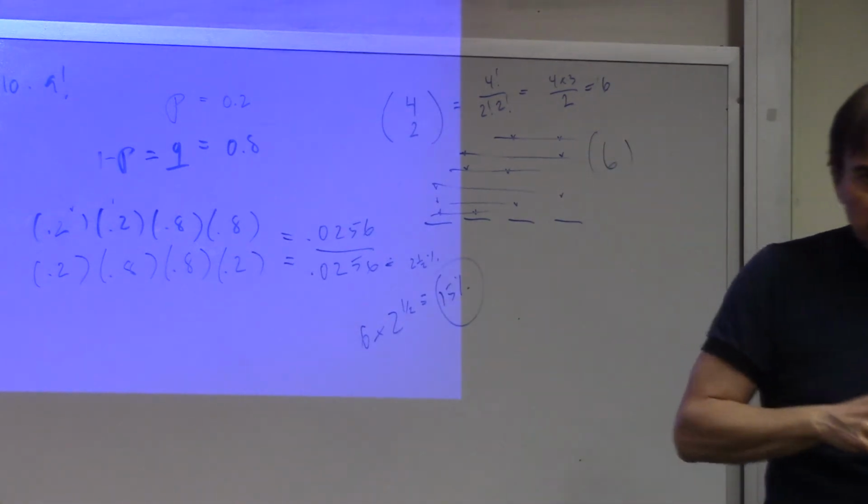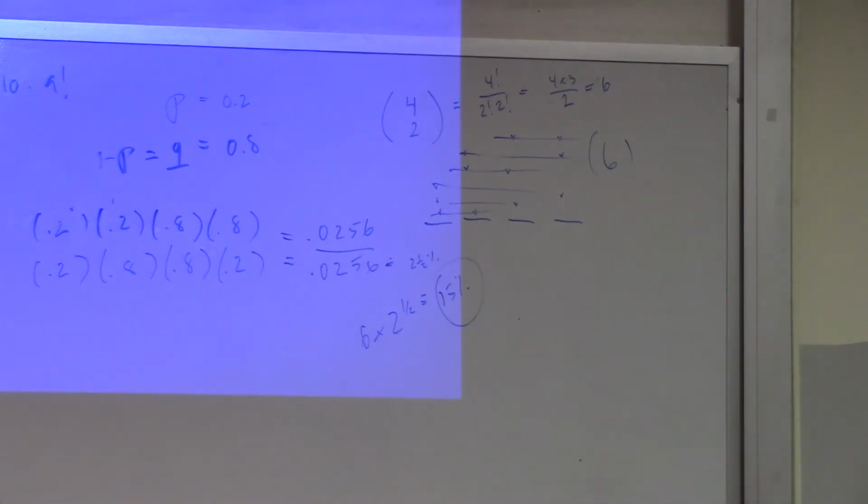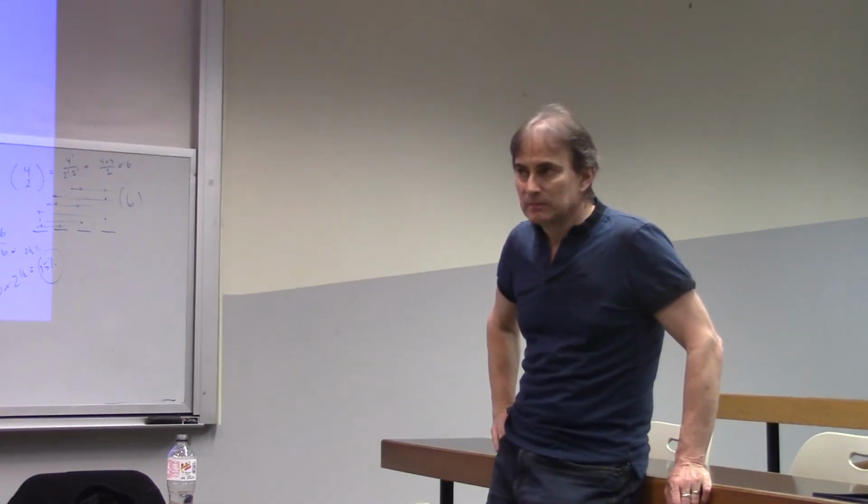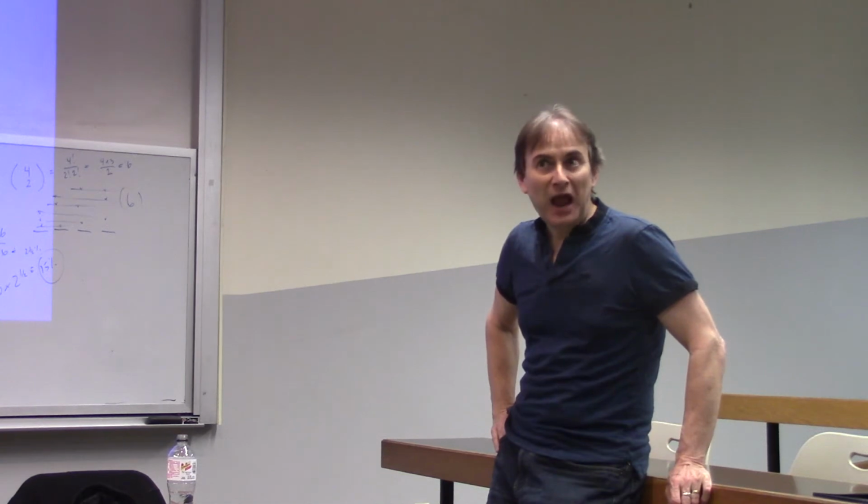Correct? So that means that 15% of the time, what? You're going to get 2 strikes. From 4 tries, I will get 2 strikes 15% of the time. What will happen 85% of the time? Something else. Can you tell me what could happen? 3 strikes, 4 strikes, very likely not.